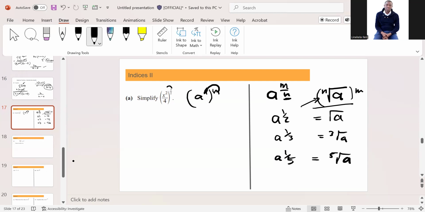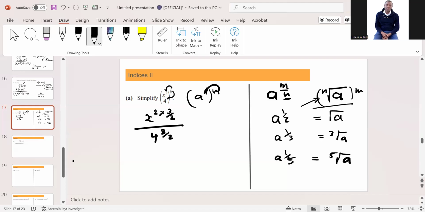So with this one, you must multiply that fraction with that, and then you must also multiply it with 4. Remember, it's an index. You're not multiplying 3 over 2 by 4. So that literally would be x to the power of 2 times 3 over 2, over 4 to the power of 3 over 2.